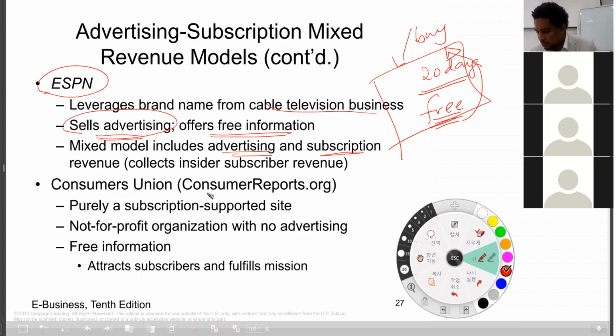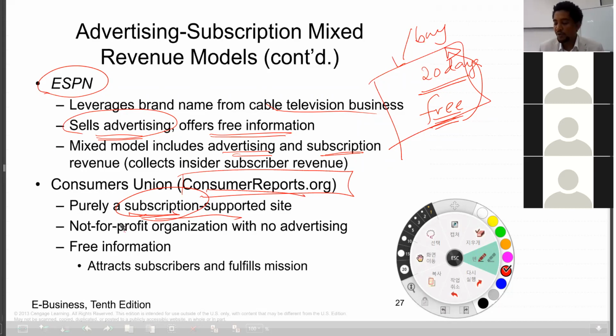And there is this consumerreports.org, which is purely subscription supported. There are also only subscription supported sites, which means users can only view information or content of the website if they subscribe. And some of these websites do not advertise. For example, this one, consumerreports.org, it's a non-profit organization, okay?